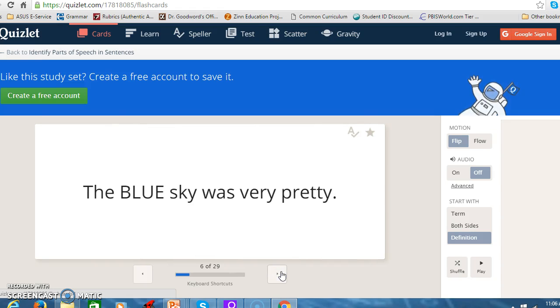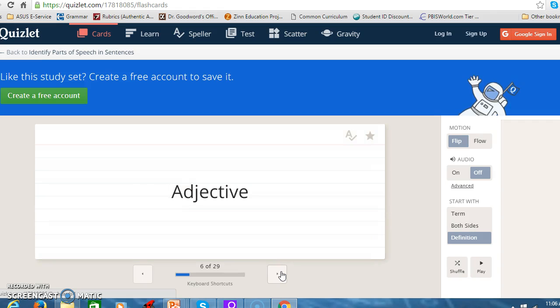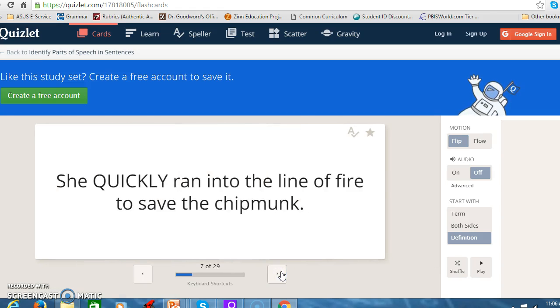What part of speech is blue? Well, it's describing the sky, which is a noun, so that makes it an adjective. She quickly ran into the line of fire to save the chipmunk. Quickly is modifying what? It looks like it's modifying a verb, so that makes it an adverb.